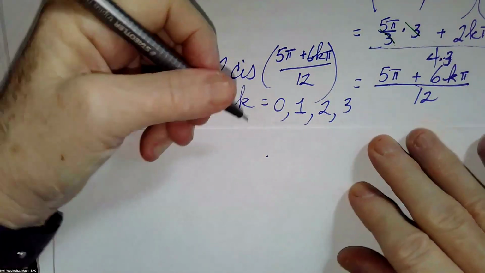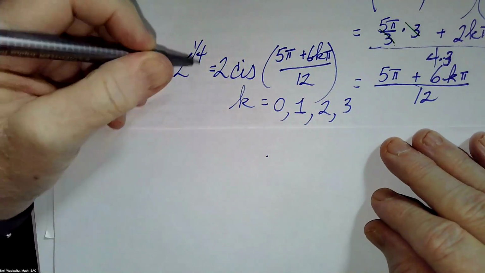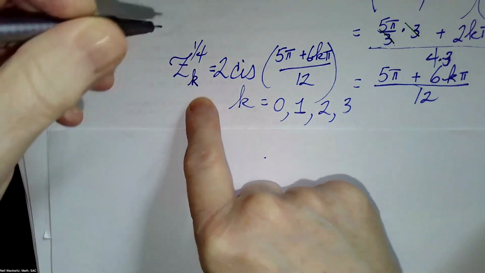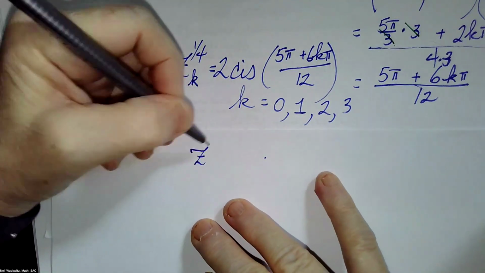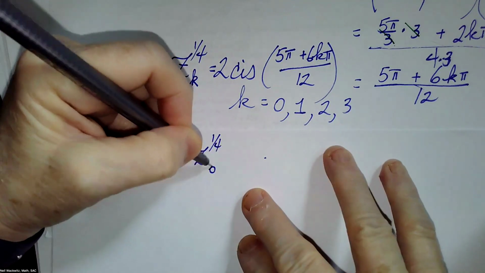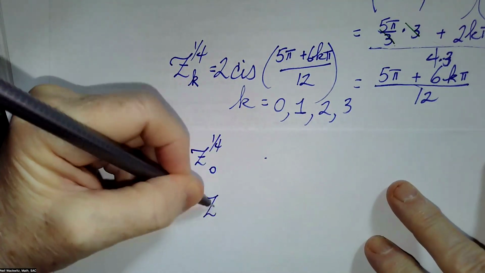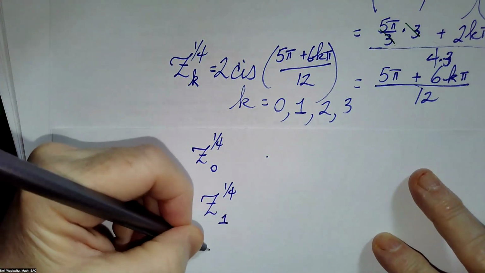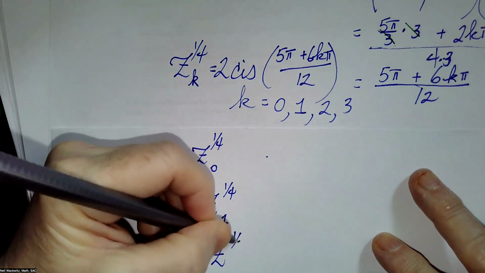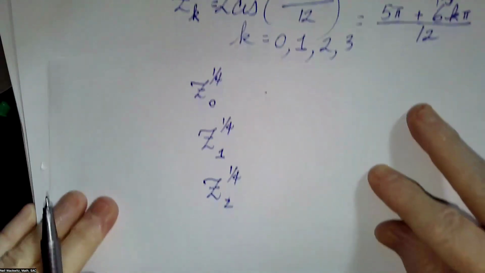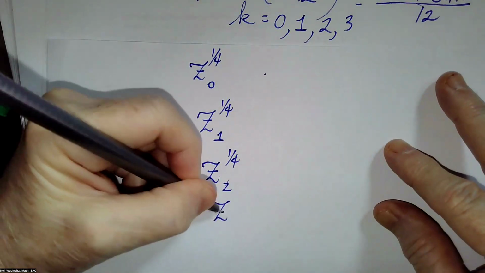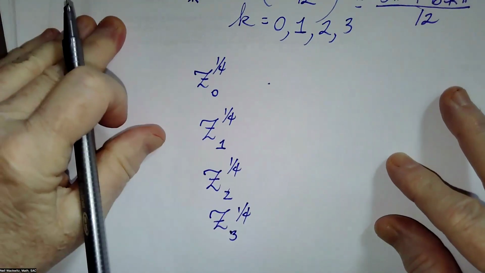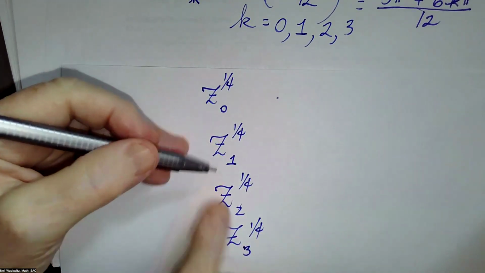So we've got, let's call this z to the 4th sub k. So we've got z to the 4th sub 0, z to the 4th sub 1, z to the 4th sub 2, and z to the 4th sub 3, where these again are the k values.